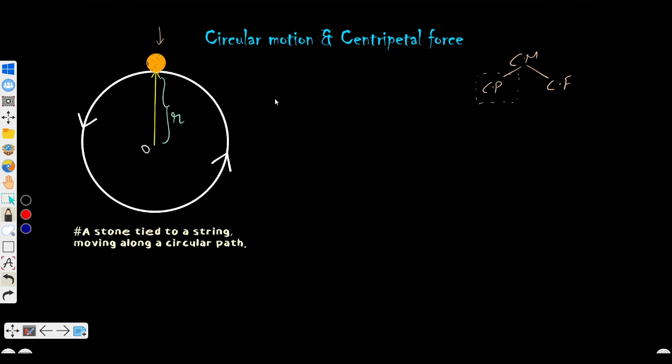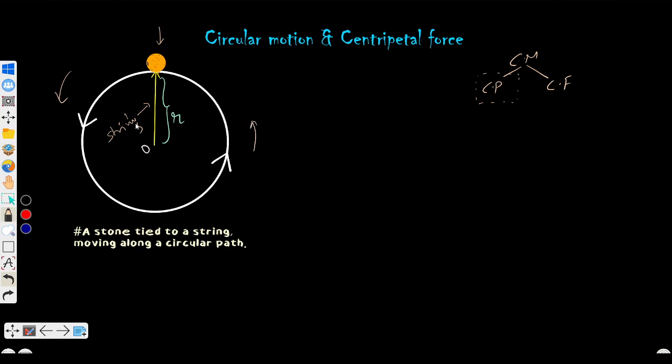Assume that you have a string, this yellow arrow that I have drawn. Assume that this is the string, and what you do is you attach a stone or an object at one end of the string and you hold the other end. And if you start rotating this in anti-clockwise sense, I've used the arrow. If you rotate this in anti-clockwise sense, what do you observe?